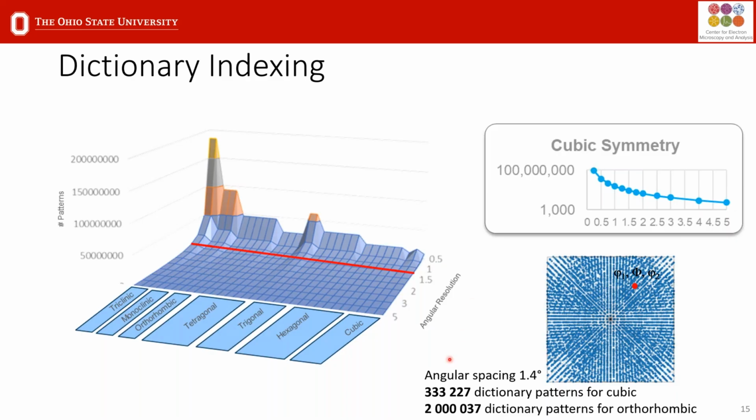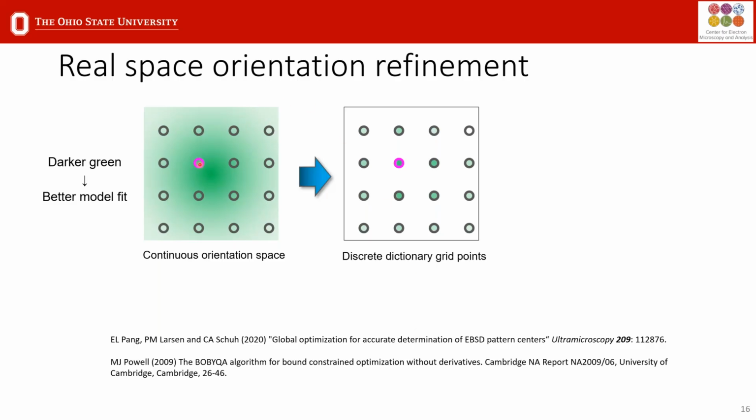So typically we would do the first part of the analysis using a discrete grid of 1.4 degrees, where we have a manageable amount of patterns. And then we determine, for a particular point in your sample, an orientation, say for example, that's the best matched pattern, but the true orientation of the material might sit somewhere here in this darker green region.